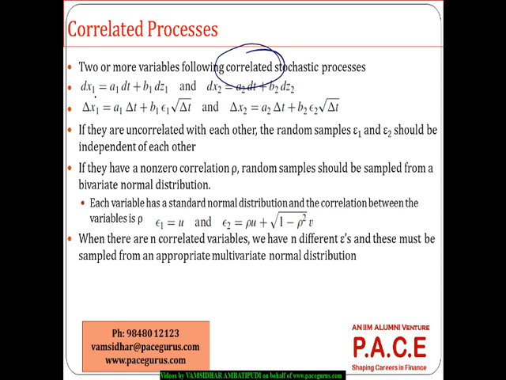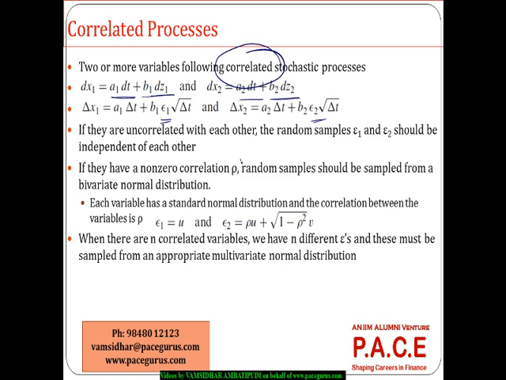Probably it is like this: some constants a1 and b1 for process 1, a2 and b2 for process 2. So the changes are also based on a1 and b1, a2 and b2. But if they are uncorrelated, then epsilon 1 and epsilon 2 could be any random variables, and I can generate them independently.